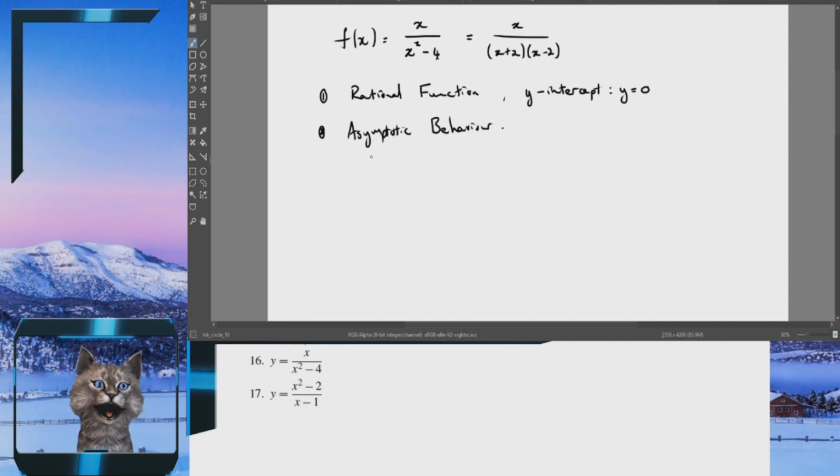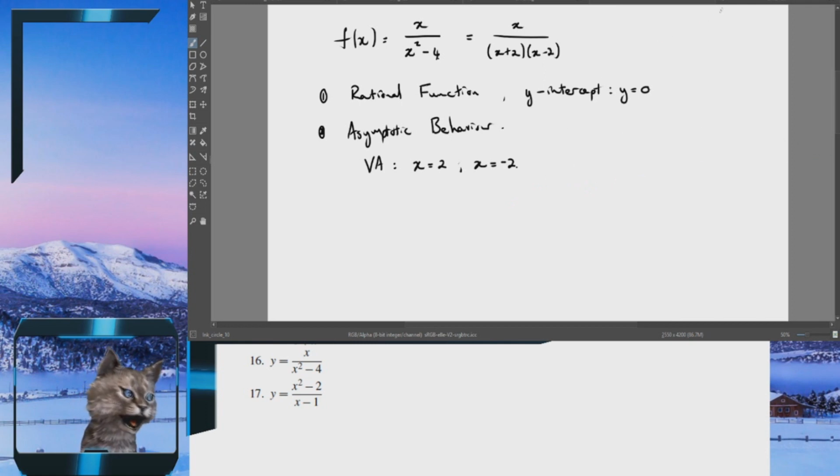And then I can see that there are vertical asymptotes, not x, not y, but x equal to 2, x equal to negative 2. That is where the function is going to be undefined in the rational function case.